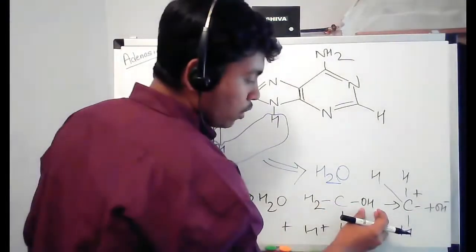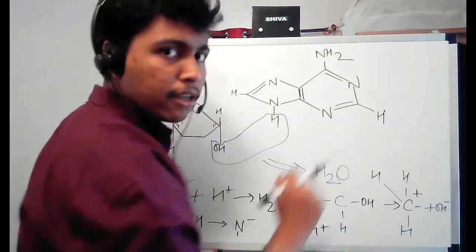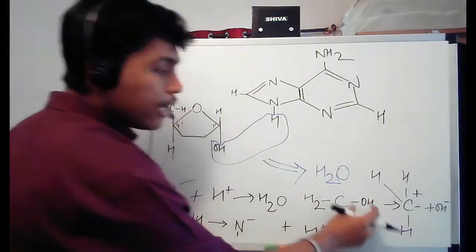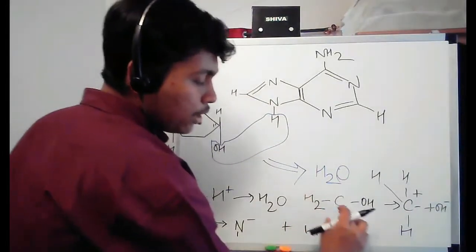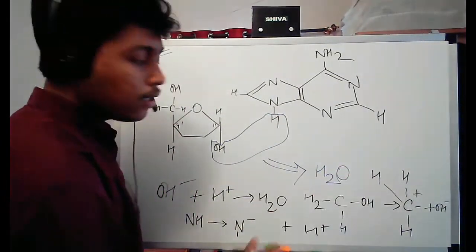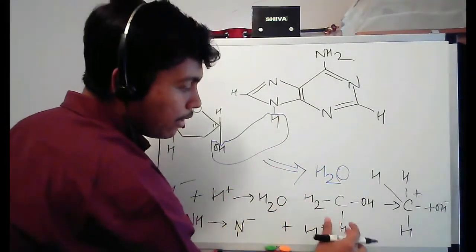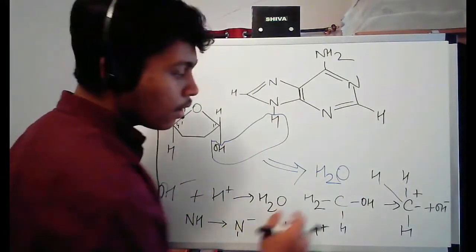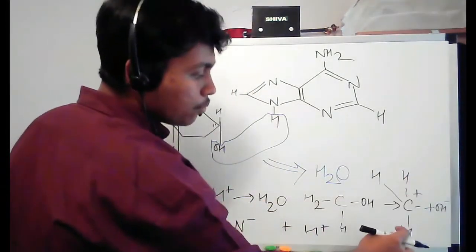Now when this OH is given out, the negative group is taken away. When the negative group is taken away, the positive group only prevails. This time this positive group will have an effect on carbon, and carbon will turn positive in nature because all it has are positive groups.